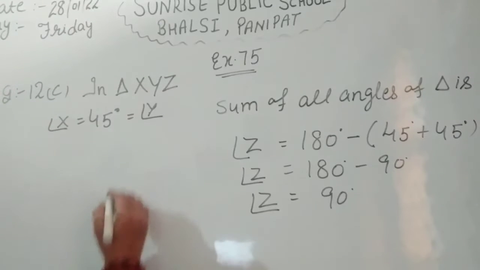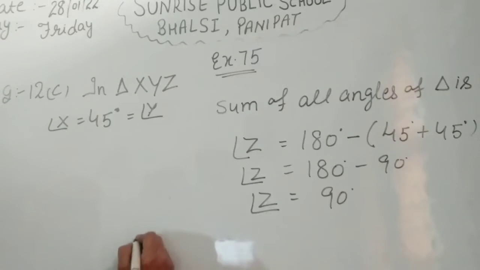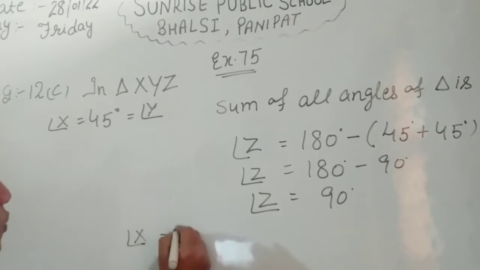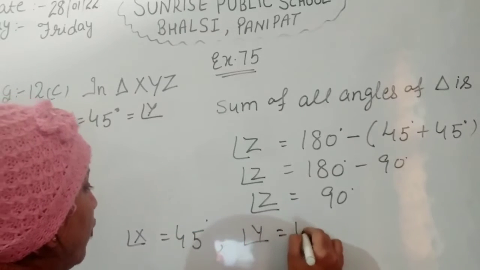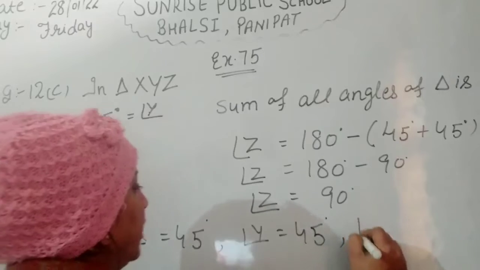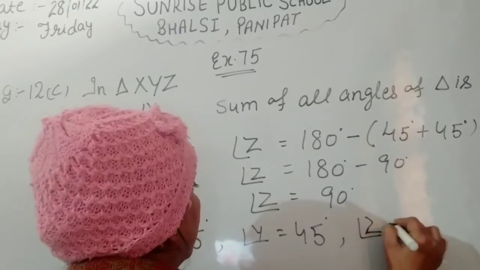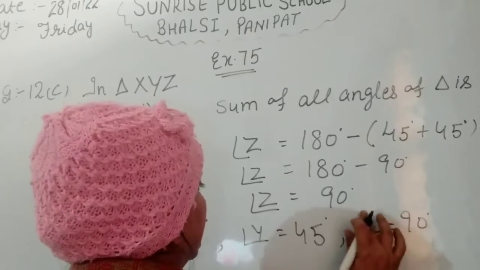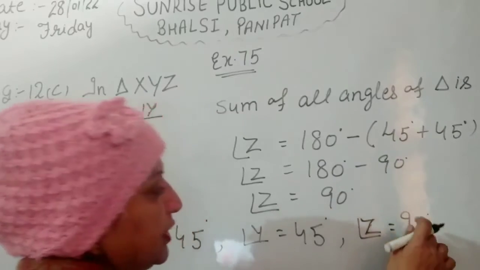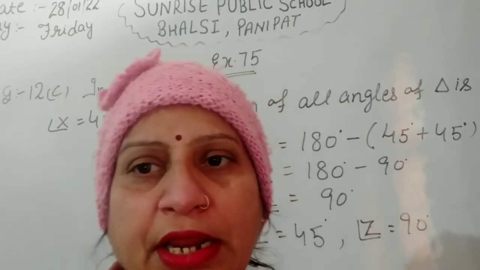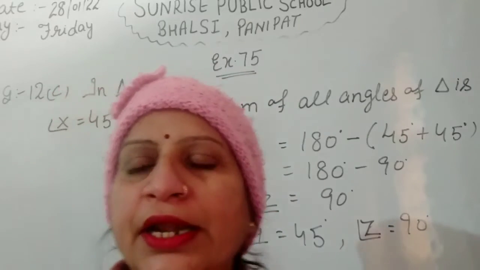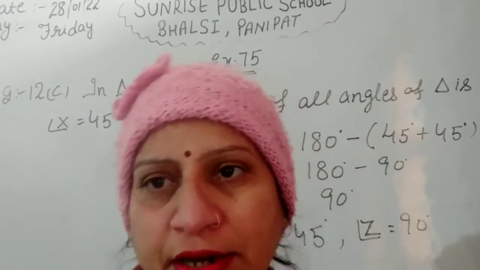Now here we write all these angles. Angle X equal to 45 degrees, angle Y equal to 45 degrees, and angle Z equal to 90 degrees. Now here we see that angle Z measurement is 90 degrees, so it means that it is a right angled triangle.